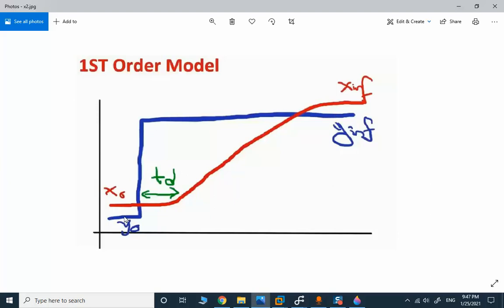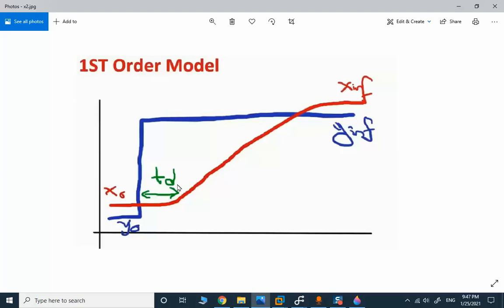The initial action on the control valve is Y0, and after the step change, the final action on the control valve will be Y infinity.